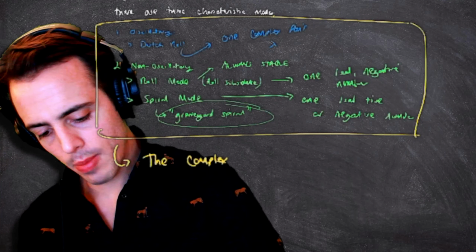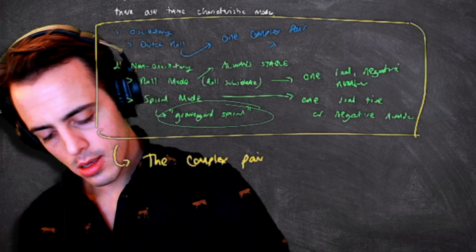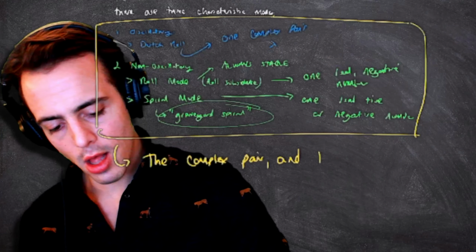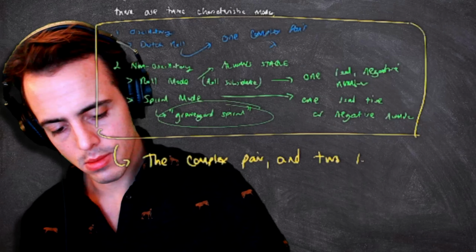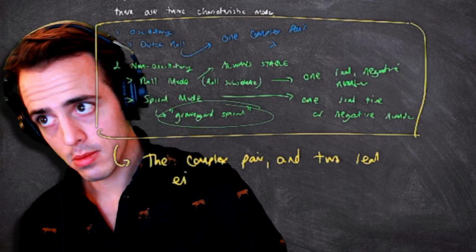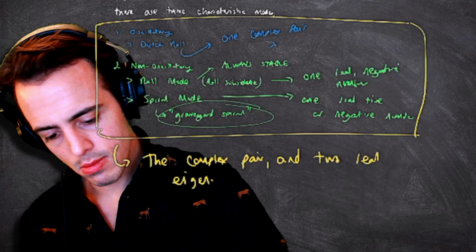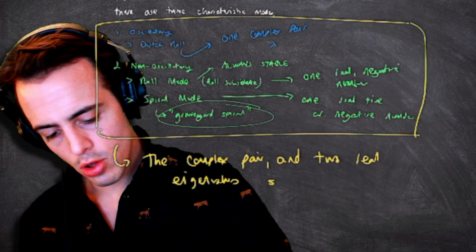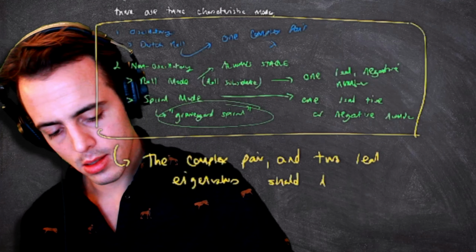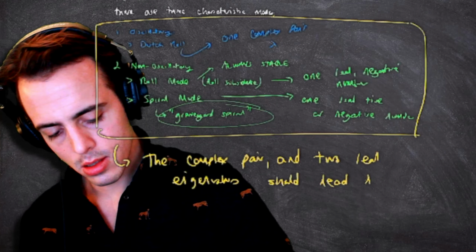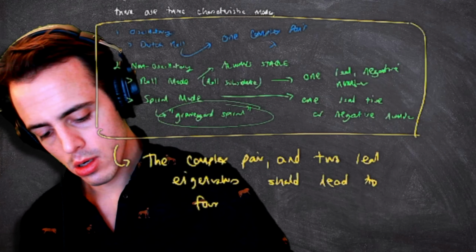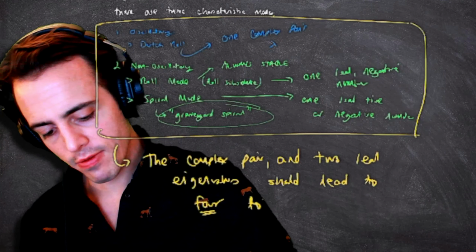So the complex pair and 2 real eigenvalues should lead to 4 total eigenvalues.